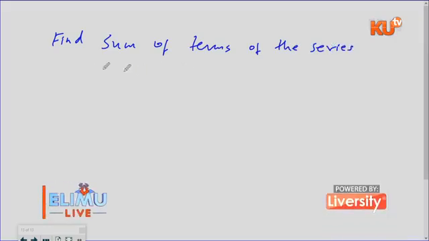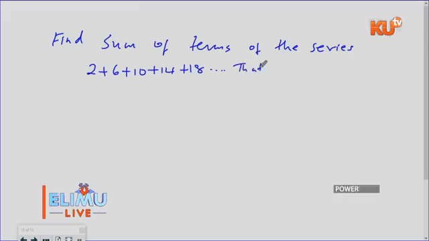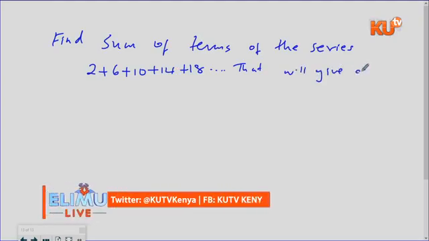What Eunice has asked is that we find the sum of terms of the series, that is 2 plus 6 plus 10 plus 14 plus 18 all the way, that will give a sum of 800.